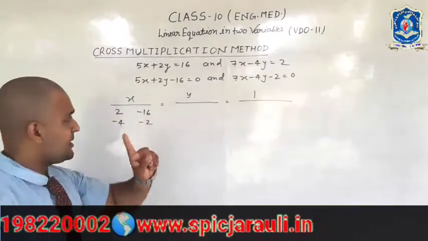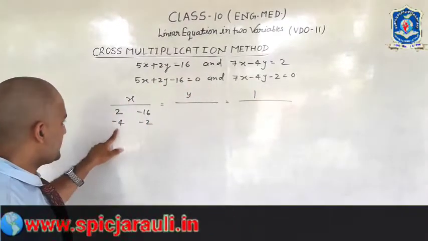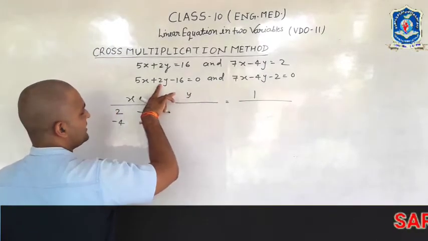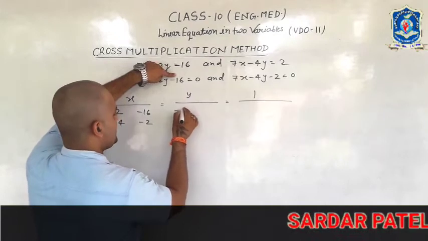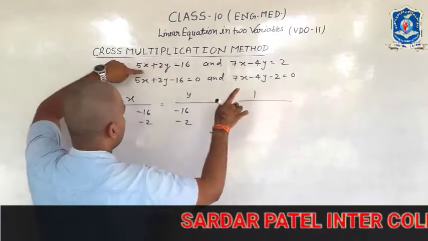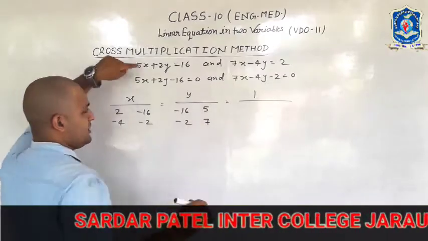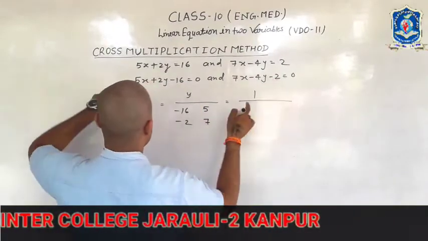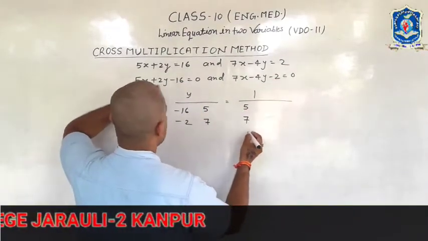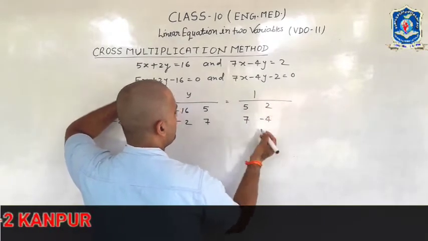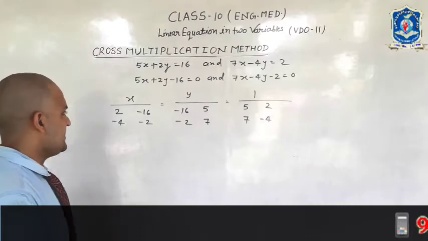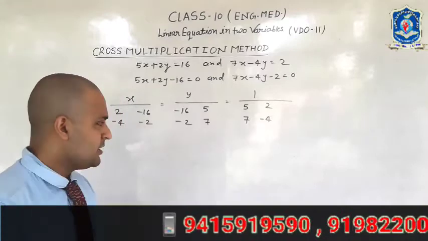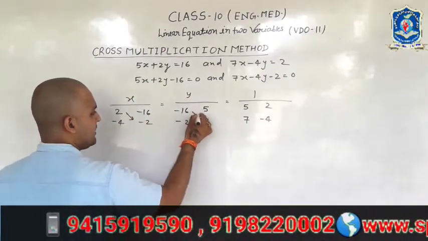We take only 2 and minus 4, then minus 16 and minus 2, with signs. For y, we do not take 2 and minus 4; we take minus 16, minus 2 and 5, 7. For the constant term, we do not take minus 16 and minus 2; we take 5, 7, 2 and minus 4.